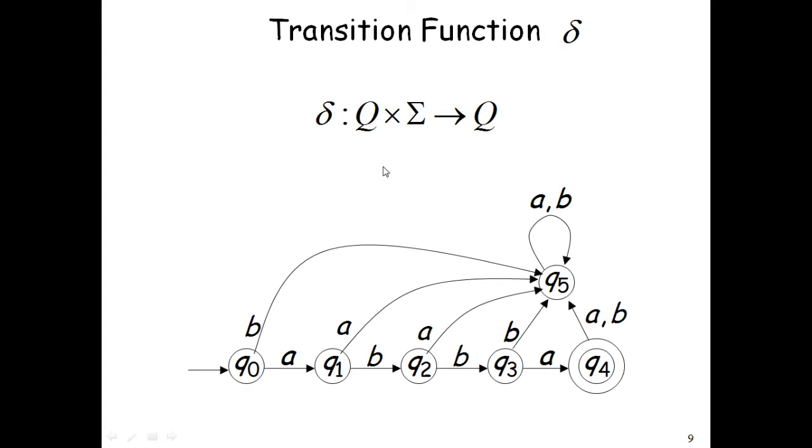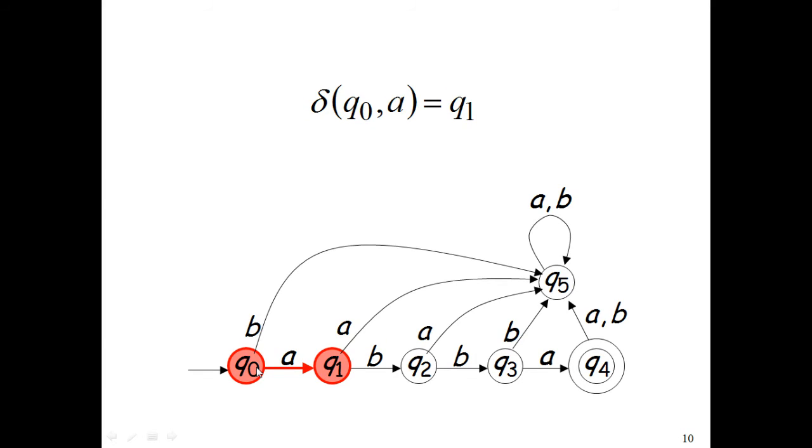For example, Q0 is a state which takes an input alphabet A and moves to state Q1. So the transition function delta of Q0, A gives another state, which is Q1. So a transition is shown by consuming the input alphabet.